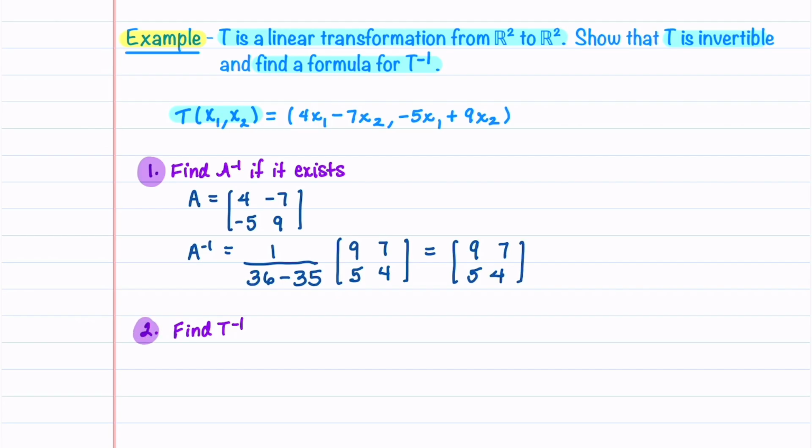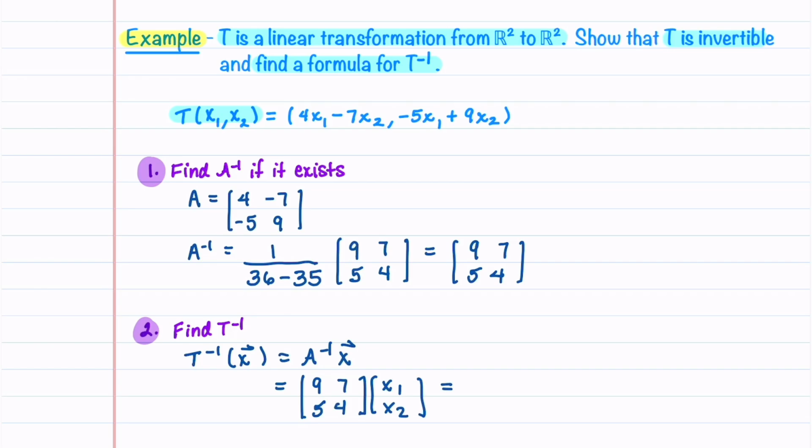Now we can complete our second step. The second step is to find T inverse. To do that, let's write down our formula. T inverse of x is just going to be A inverse times x. This is equal to 9, 7, 5, 4. And then our x, following our transformation written above, is x1, x2.